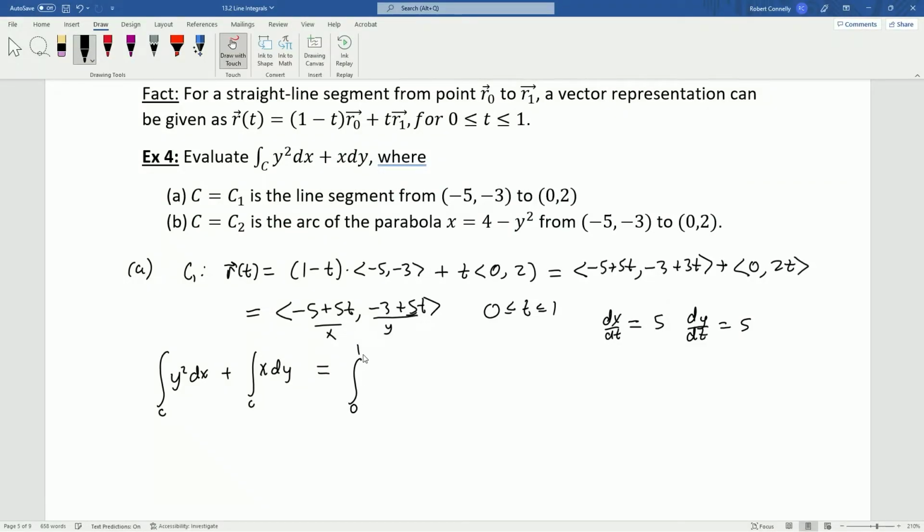So the integral from 0 to 1 of y squared gives me (-3 plus 5t) squared times dx/dt times dt, plus the integral from 0 to 1 of (-5 plus 5t) times dy/dt, which is 5, times dt.